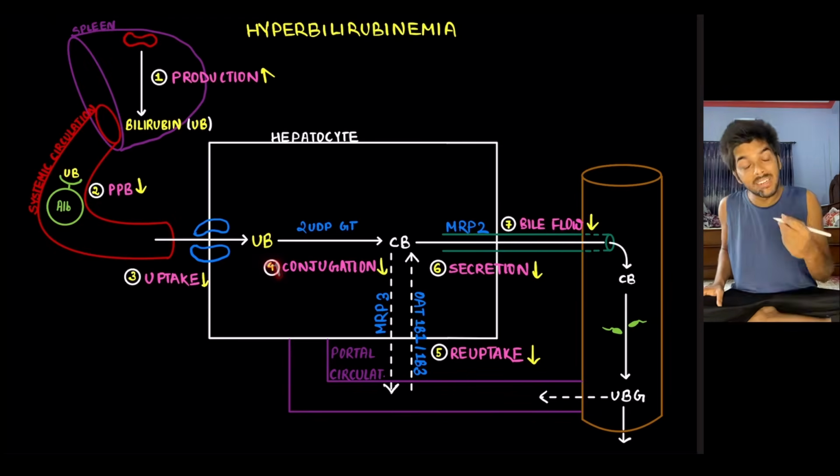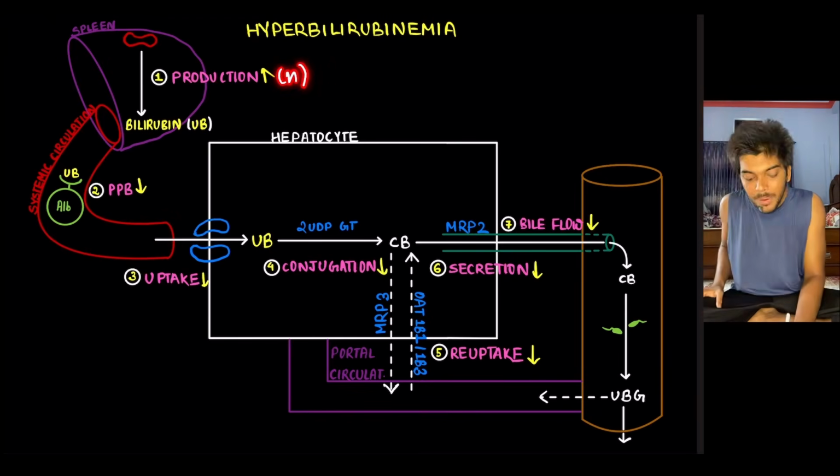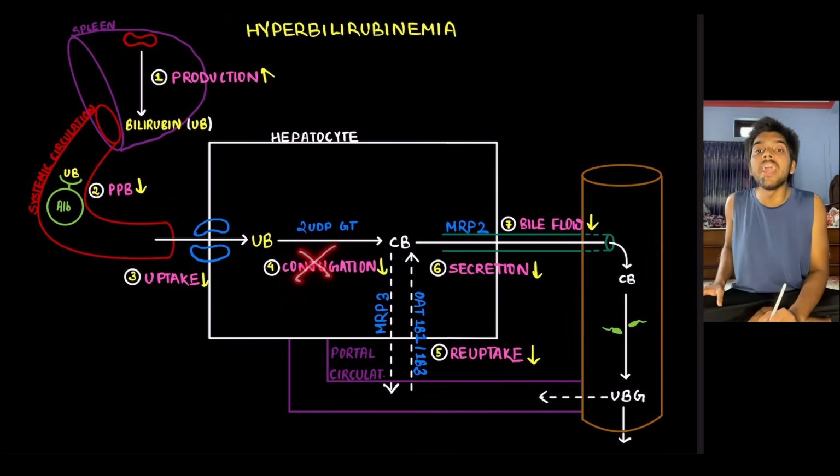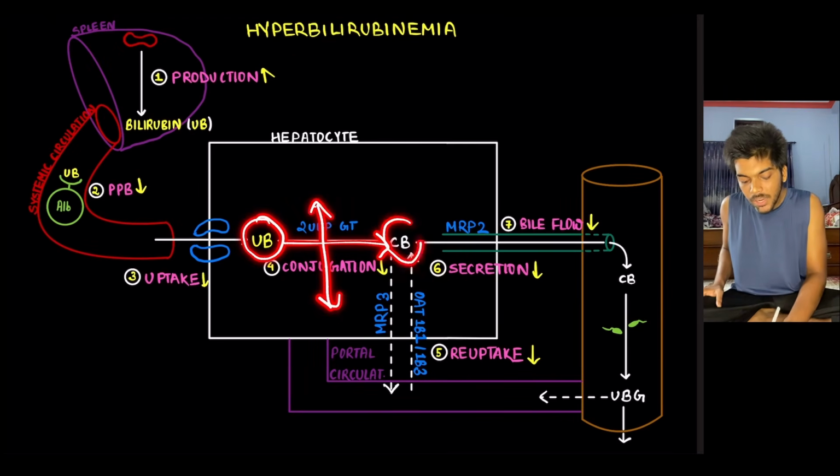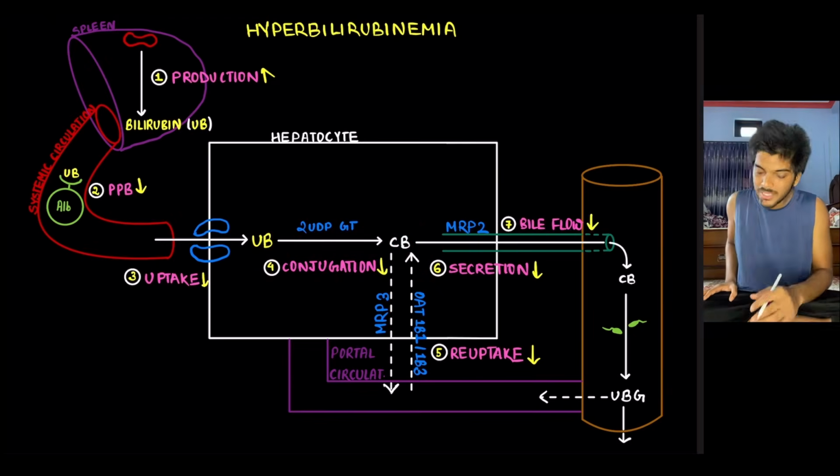Number 4, let's say production is normal, plasma protein binding is normal, uptake is normal, but now in the hepatocyte, the process of conjugation is impaired. As a result, unconjugated bilirubin is not converted to conjugated bilirubin. Then what? Same thing. Excretion will not take place.